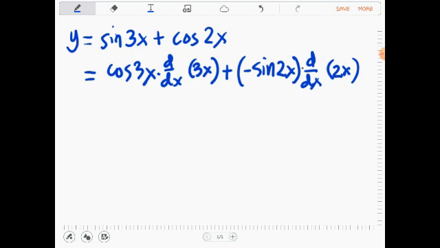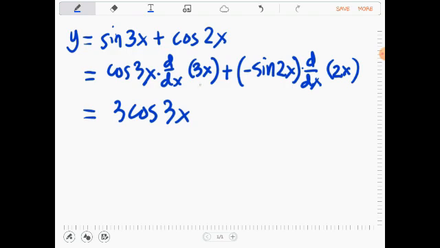Okay? So, ngayon, ito, tinuloy na kasi natin to. Ito ay na derivative na natin, kaya wala na tayong d over dx. Pero ito yung inside function niya na 3x. Ito yung hindi pa natin na-differentiate. Okay? So, therefore, this should be equals to 3 cosine of 3x.